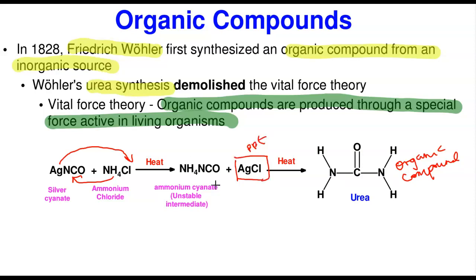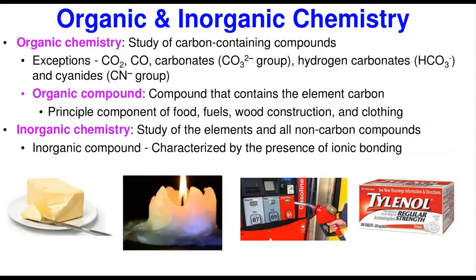The ammonium cyanide now rearranges itself to form urea, which is an organic compound. So this urea synthesis completely demolished what? That unverified, unsubstantiated theory of vital force. And this laid the foundation for the modern understanding of organic chemistry.